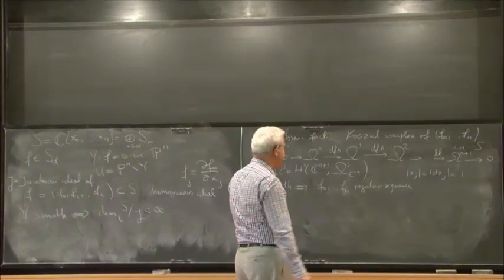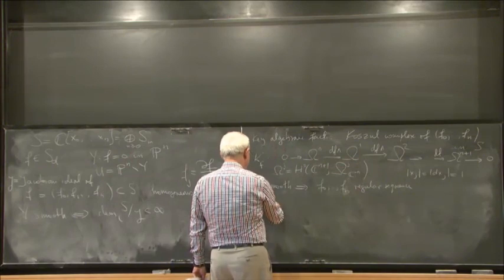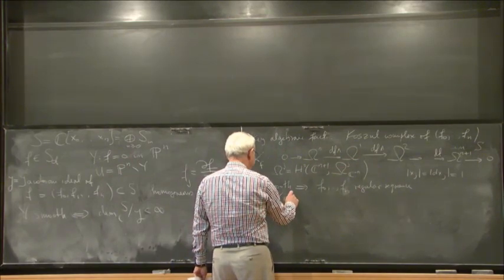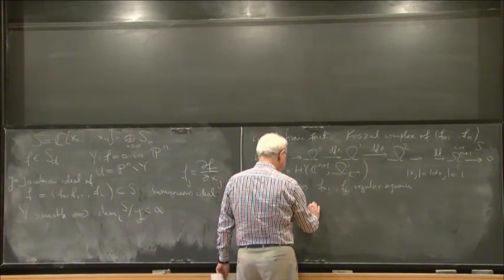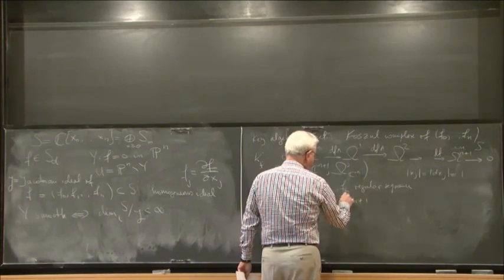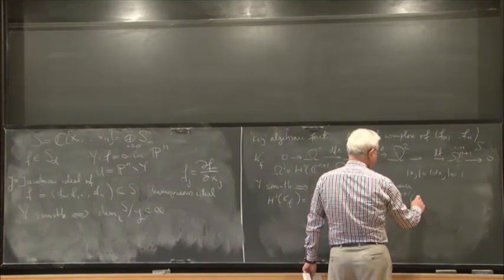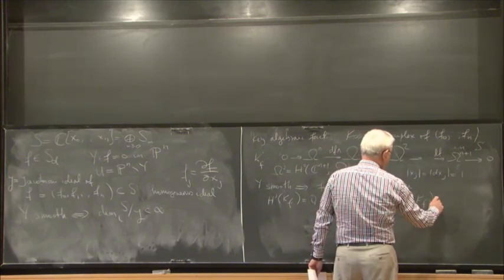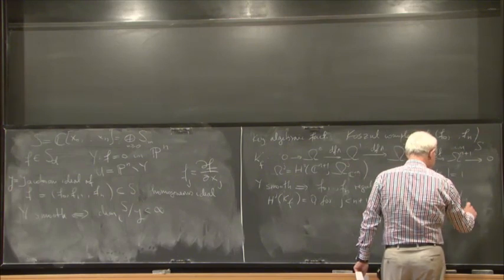Right? And so if I look at this complex, all the cohomology groups will vanish except the last one. And the last one, of course, is up to a shift just the quotient.